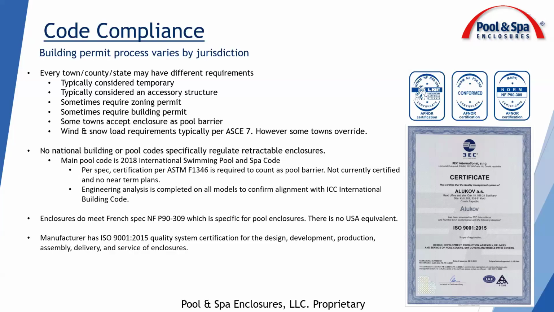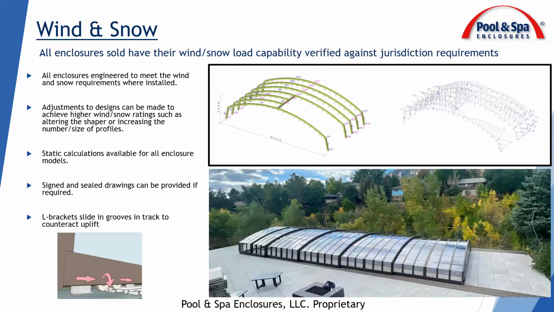We do engineer our enclosures, as I said, to sustain required wind and snow loads. So we've got numerous certifications for our enclosures as well. As for the design, we want to know where the enclosure is going to go.